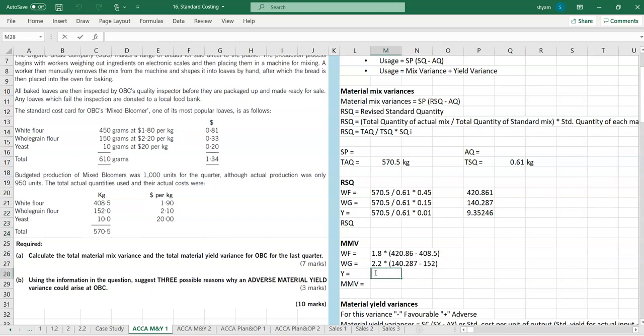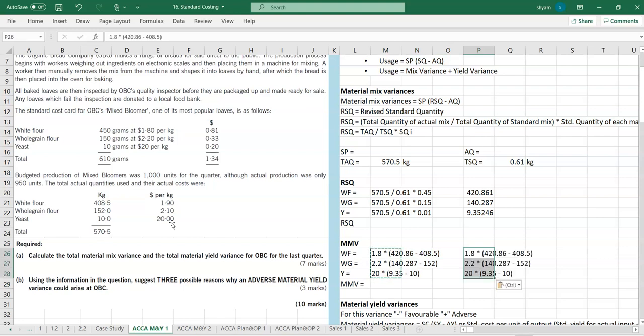Oh my god. We have to fully do it. SP is 20 into RSQ, which is 9.35 minus AQ. Actual quantity is 10. So close the bracket. We'll get the answer now.